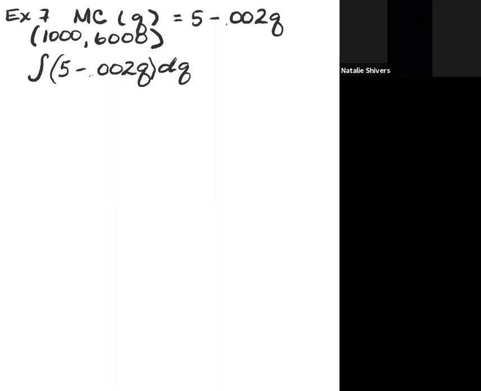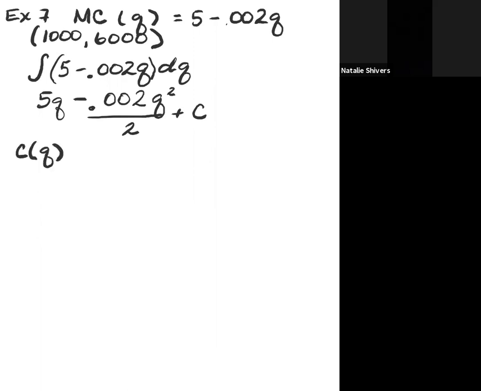So I'm going to take the antiderivative. I get 5q minus, you can't really see my point, sorry, 0.002 q squared over 2 plus c. So my cost equation is c of q equals 5q minus, now let's not leave that as a fraction with a decimal, 0.001 q squared plus c.